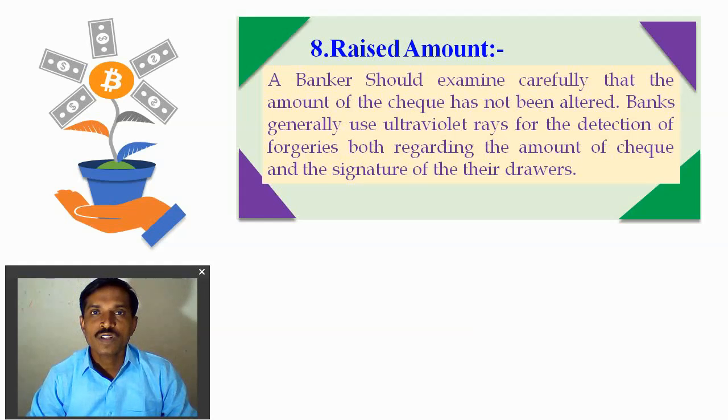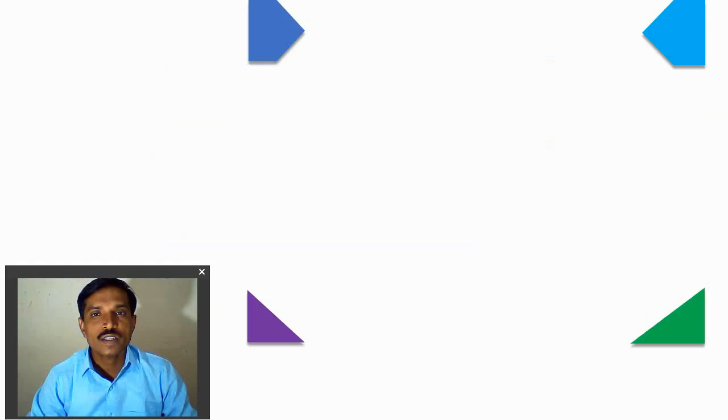Sometimes some people raise the 10 in the amount, or add some words in the amount in words. So proper precaution should be taken by the paying banker, so that there is no raising of the amount in words or figures.